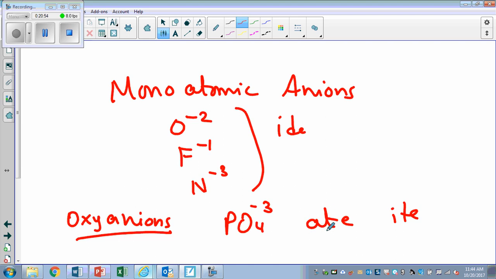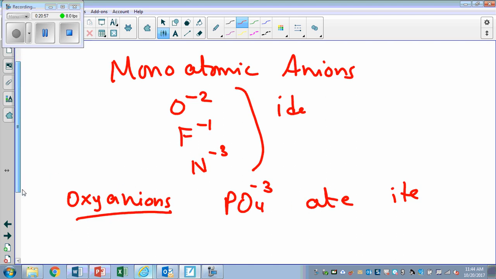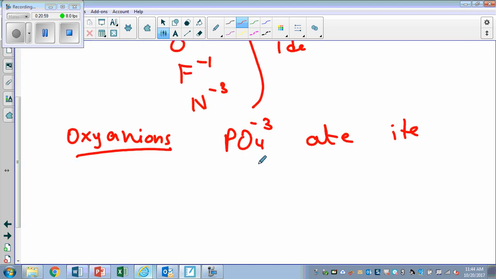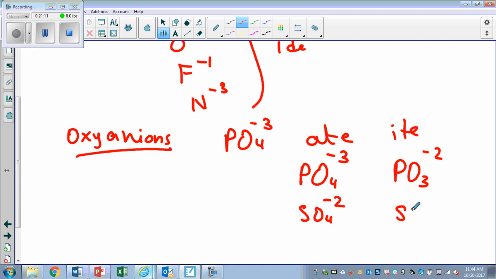If they have a higher number of oxygen, it is "ate," and if they have a lesser number of oxygen, it is "ite." For example, PO4 will be phosphate and PO3 will be phosphite. SO4 will be sulfate and SO3 will be sulfite. NO3 will be nitrate and NO2 will be nitrite.